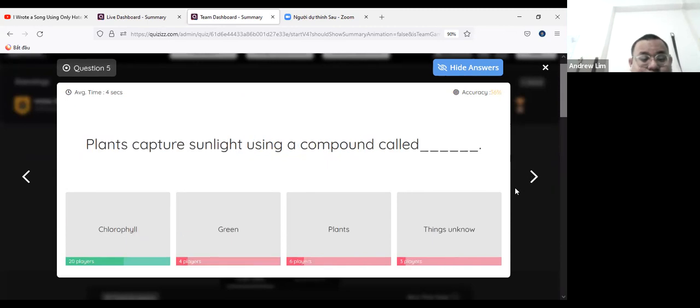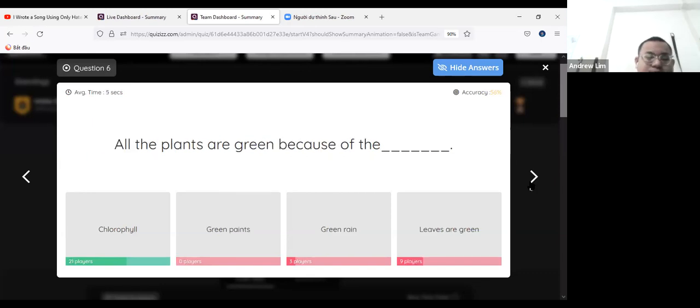So plants capture sunlight using a compound called chlorophyll. This is a particular green substance that helps the plant carry out the process called photosynthesis. All plants are green because of the chlorophyll.